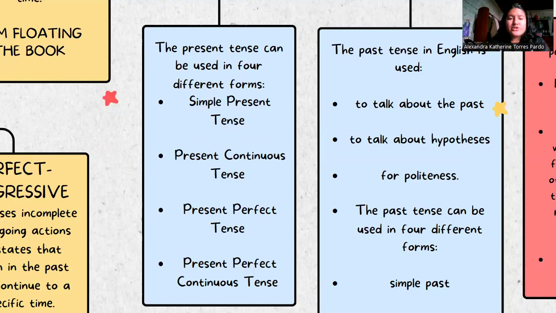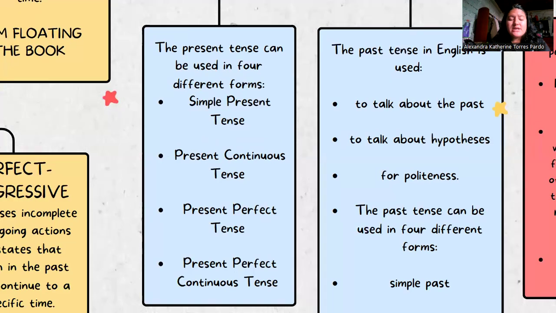The present continuous tense is used to denote an action that is continuing at the present moment. Present perfect tense is used to denote an action that is indefinite and still has its effect on the subject or object in the sentence.